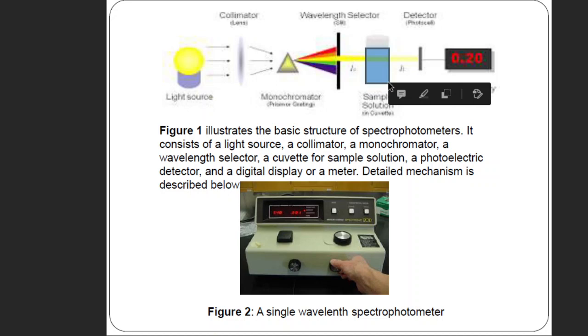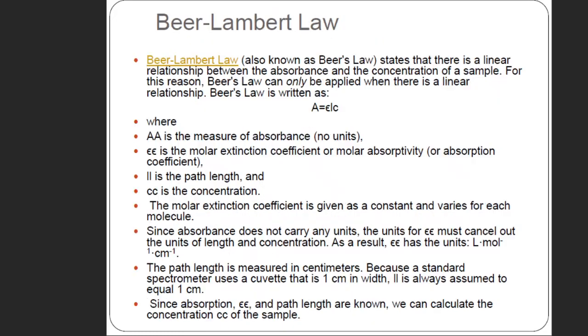So if we combine Lambert's and Beer's law, there is a linear, that is direct, relationship between the absorption, the amount of light that the solution will absorb, and the concentration of the sample, that is Beer's law.